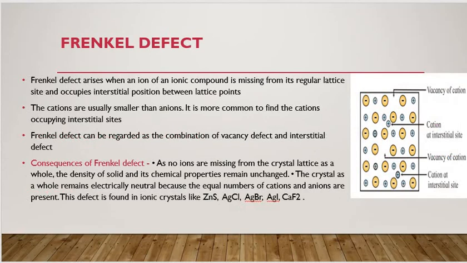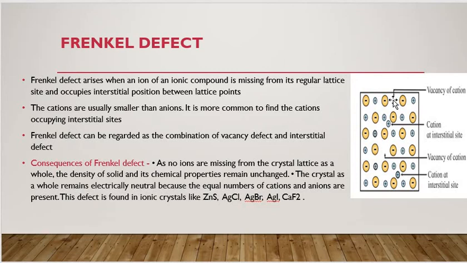Now let's talk about Frenkel defect. Frenkel defect arises when an ion of an ionic compound is missing from its regular lattice site and occupies an interstitial position between the lattice points. See, this positive charge is occupying the position in an interstitial site and its regular position is right here.